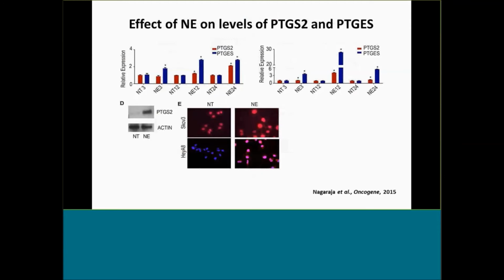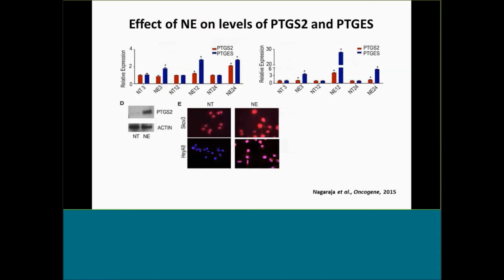With that as background, we started to think about what might be some of the mechanisms by which these kinds of alterations may come about. So PTGS2 and PTGES are the two synthetic enzymes in the prostaglandin synthetic pathway. There's one catabolic enzyme in this particular pathway.